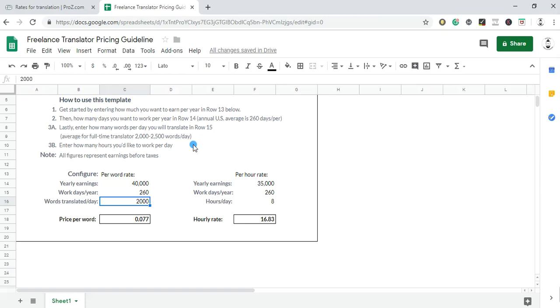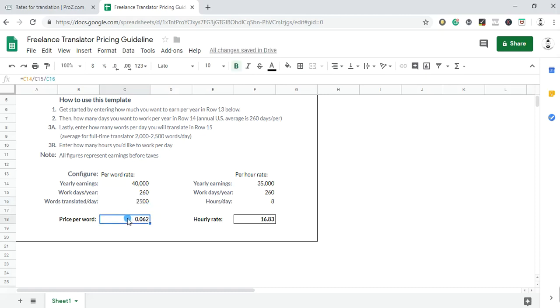It's very dependent on how well you know the language, how well you know the vernacular and vocabulary of that certain document that you're translating. It's dependent on tourism, things that are less technical, you can obviously translate more. So this is just a very general average. So let's say instead of 2,000 words, let's say it's a document that I know very well, and I'm going to put 2,500 words.